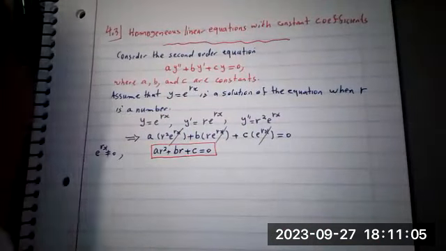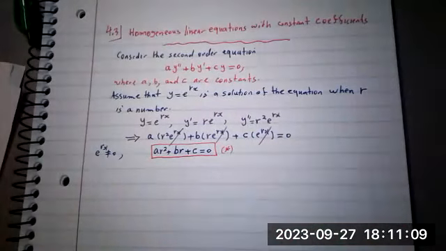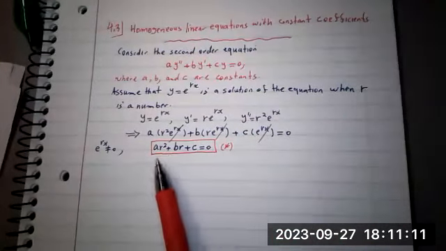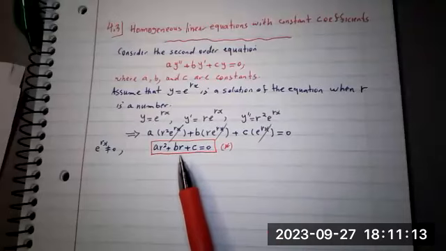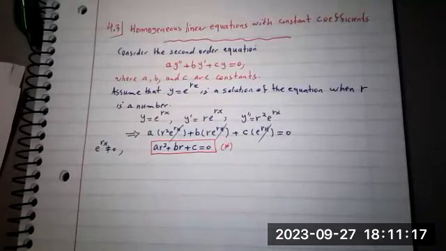Now, as you can see, if you call this equation star, it is a quadratic equation. If you solve it and get r, then e to the rx is a solution of the differential equation. So we find a one-to-one correspondence between the solutions of the differential equation and the solutions of this equation.